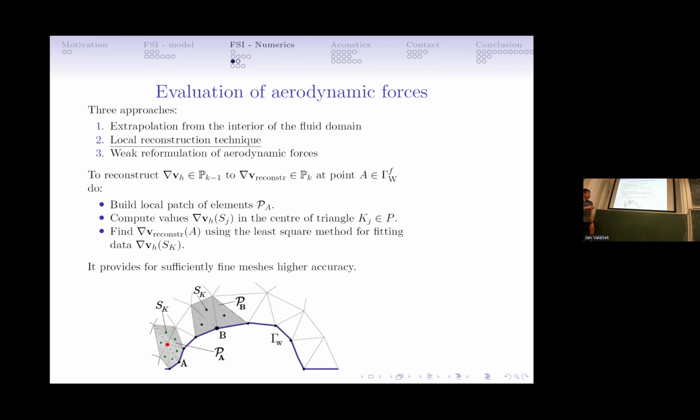So when we need to compute some value at the point A, we first build a patch of elements around this point A, and then we use the values of gradients at the center of each triangle from this patch, and based on these values, we use the least squares method. We find some reconstructed value in order to evaluate this pressure gradient. For meshes with sufficiently high accuracy, this approach really increases the accuracy.